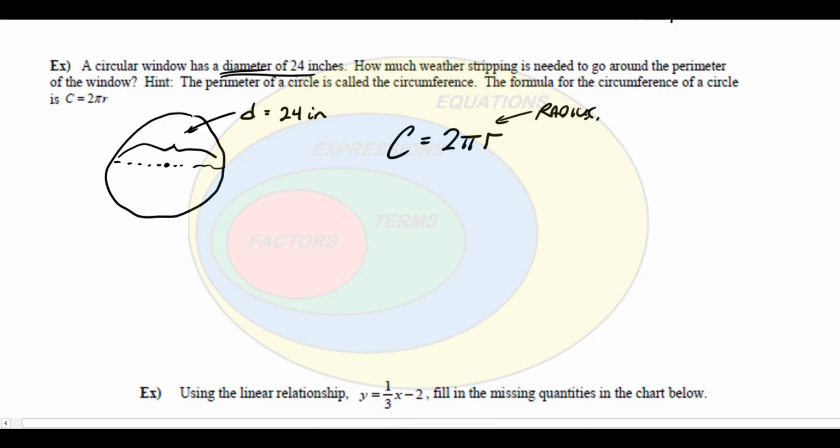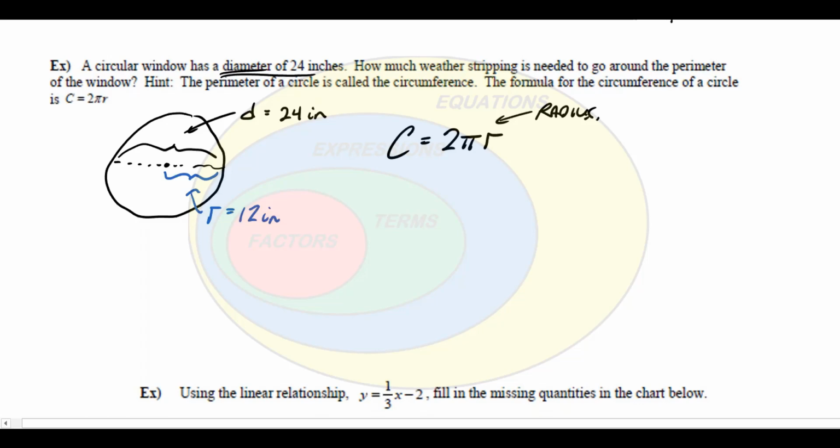And again, there's other ways I could do this. I could use a different formula. That's right, too. But the radius is the distance from the center to the edge. So r is actually half the diameter. So the radius would be 12 inches.